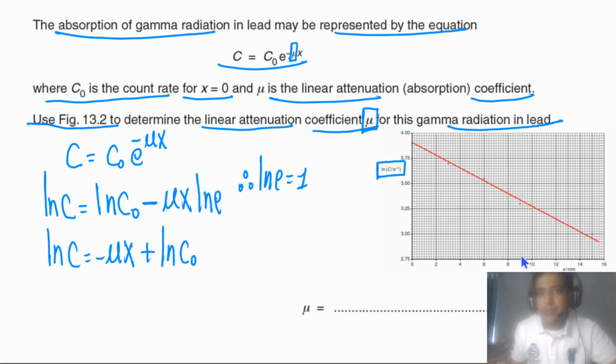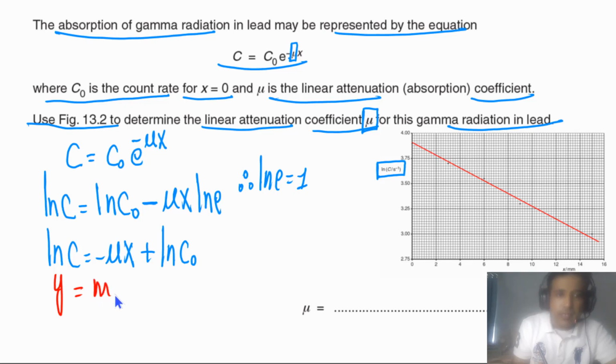Now we can compare this with the straight line equation, y equals mx plus c. In this case, the gradient is equal to negative mu and the y-intercept is equal to ln C0, meaning you can find the value of ln C0 from here.